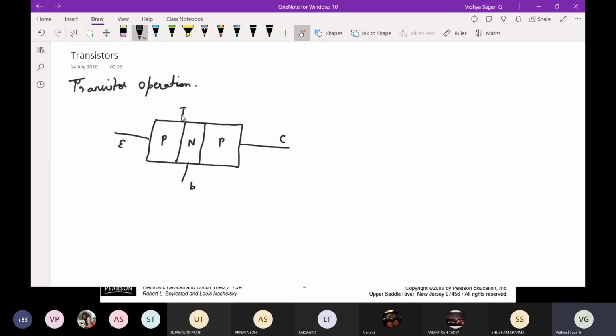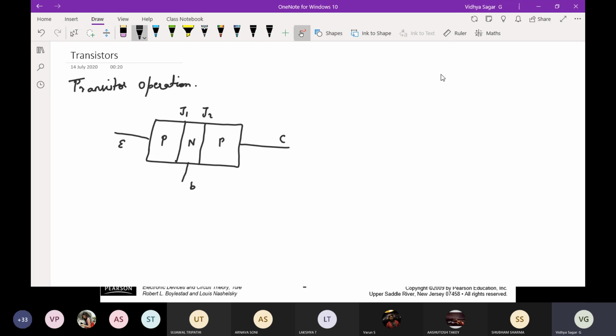So we have junctions J1 and J2. The possibilities for the flow of charge carriers are forward bias and reverse bias. Junction J1 should be either forward or reverse biased, and similarly junction J2.